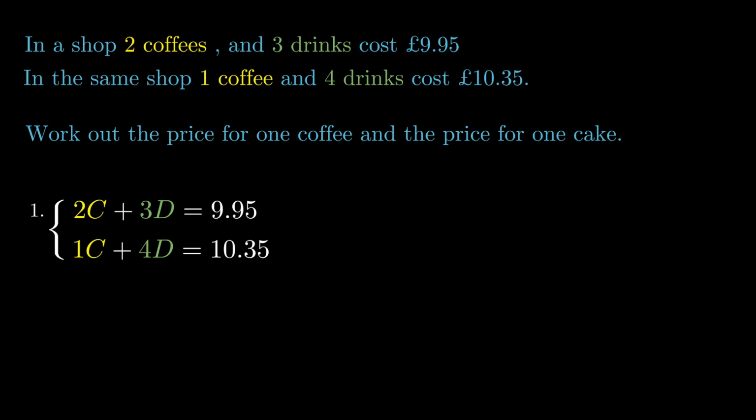We will label the first equation, equation 1, and the second equation, equation 2. Now the method that we're going to use here is elimination. We're going to try to eliminate the c's, the coffee. So firstly, we will write out equation 1 again: 2c plus 3d equals £9.95. And for the second equation, we're going to multiply everything by 2.